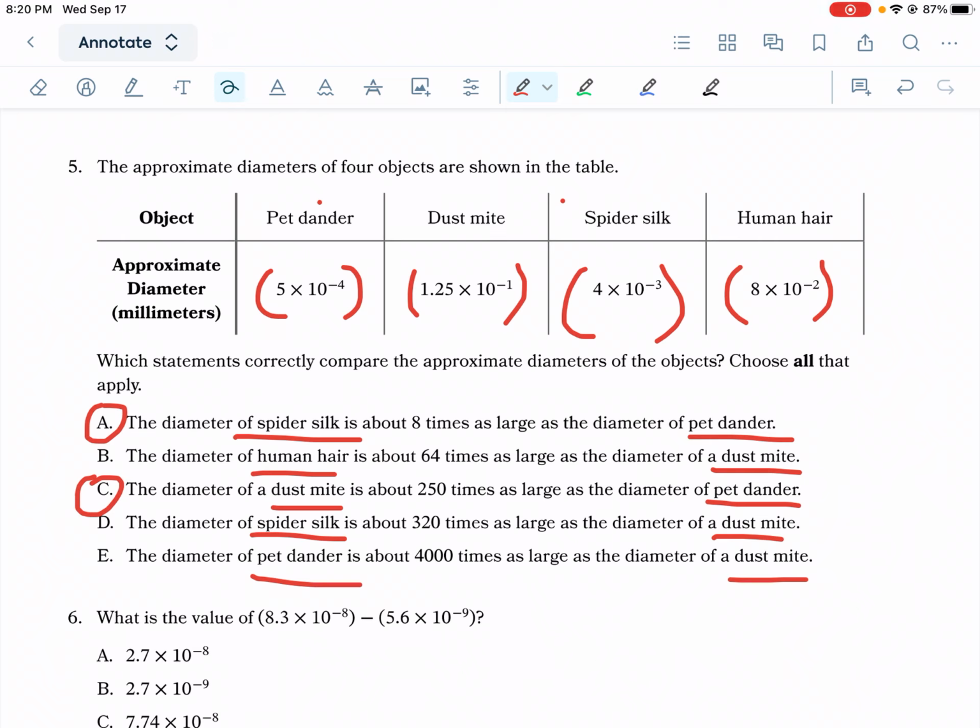Now if you want to work forwards instead of backwards, you can always take pet dander and multiply by 8 and you should get the spider silk value, but that'll likely give you a decimal instead of just giving you the answer. So the way that I did it at first is a little more simple. It'll just outright give you a whole number, or at least it should.